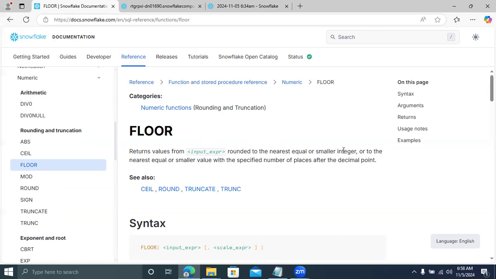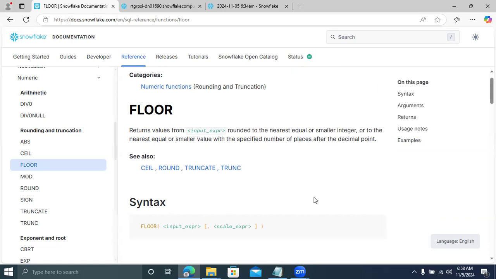Ceil will go to the larger integer or nearest equal, but floor will round to the nearest equal or smaller integer. If someone asks in the interview, that's the difference. Now we can see the syntax.